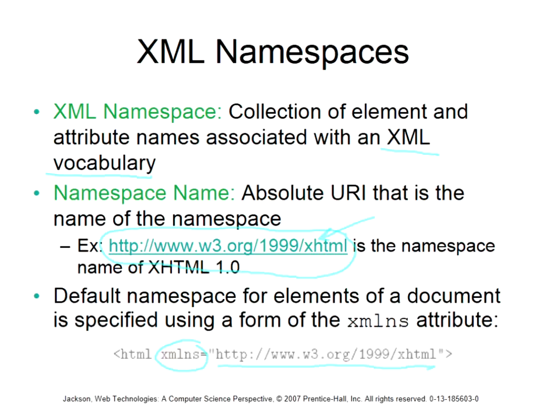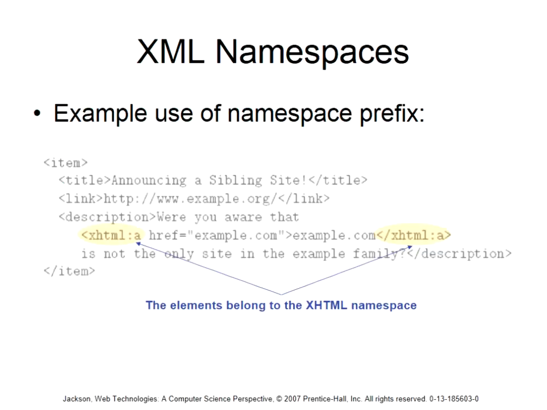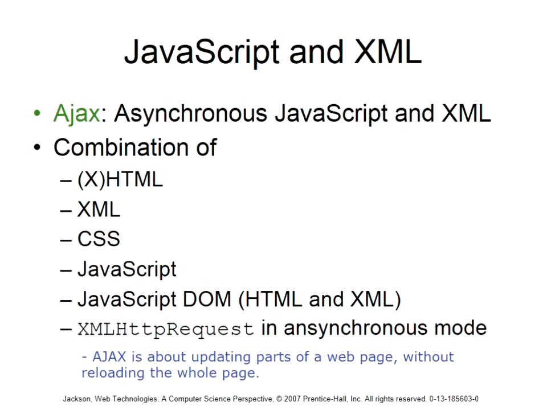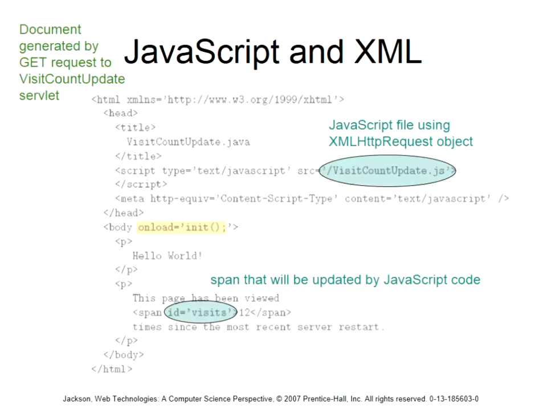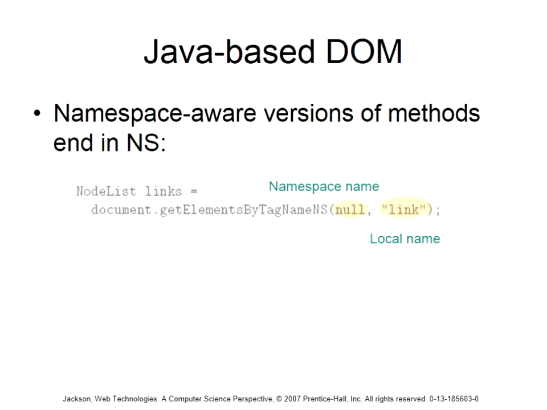So we discussed in the previous slides what's the meaning of XML vocabulary. Now how can we integrate this vocabulary in an XML document? We can integrate this vocabulary with the attribute xmlns. The default namespace for elements of a document is specified using a form of the xmlns attribute.